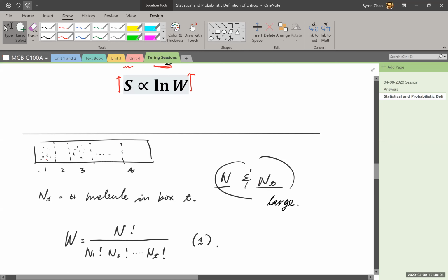So for example, if you're counting the molecules in section 1, we would call it N1. If you're counting the number in section 2, we call it N2. And the total number is N.